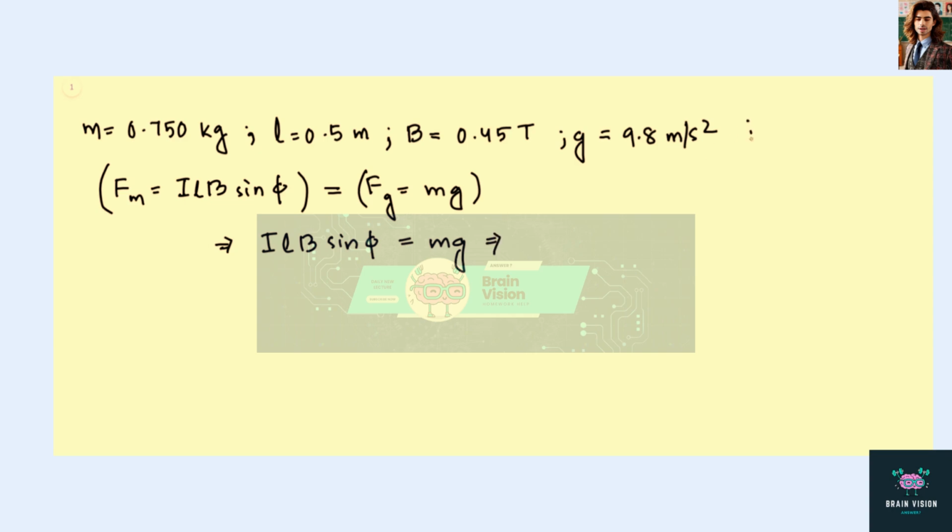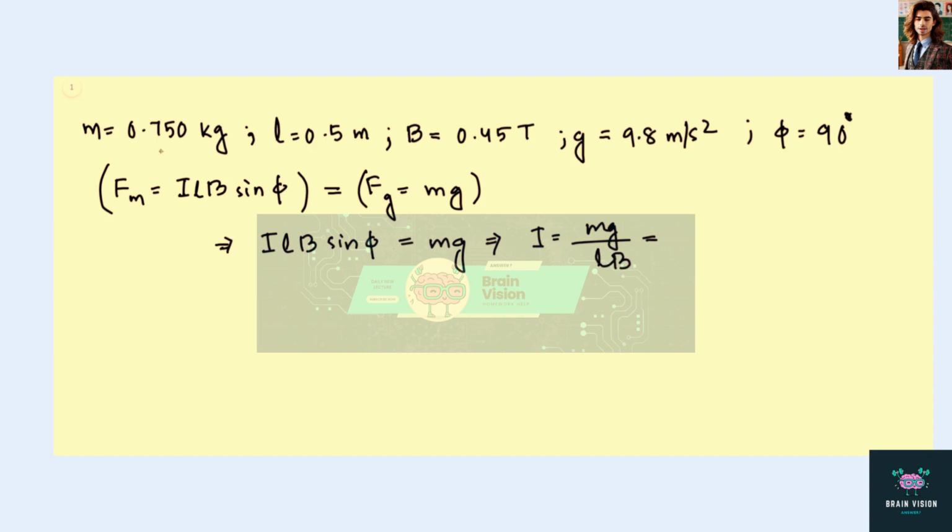Here phi is 90 degrees because the magnetic field and length are perpendicular to each other, so sine phi becomes 1. This means that I will be given by mg over L times the magnetic field.